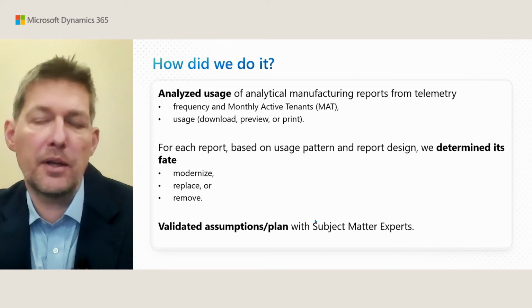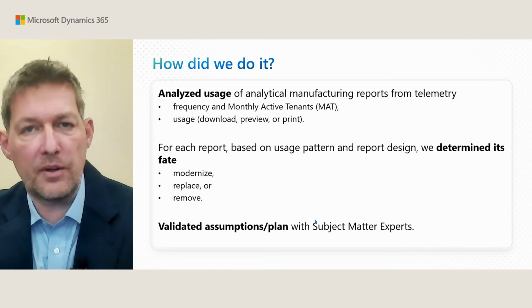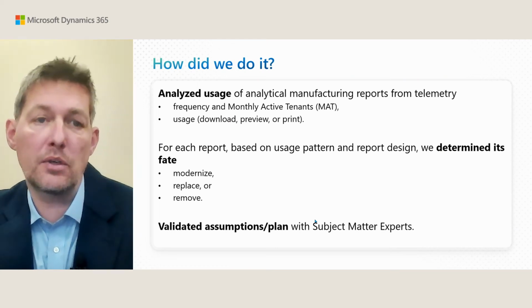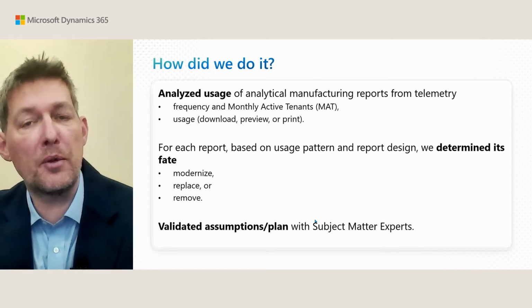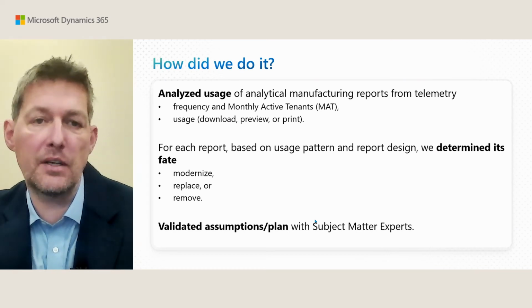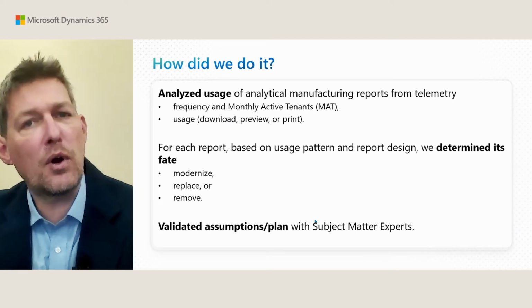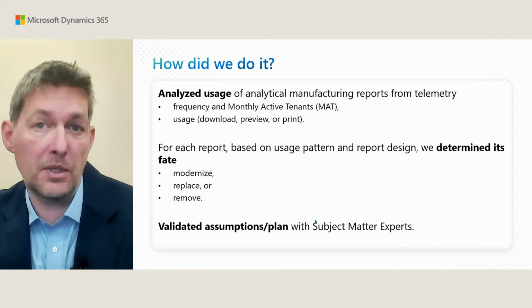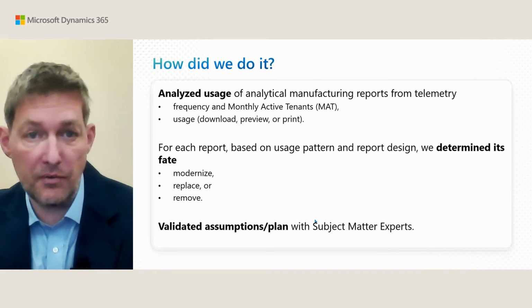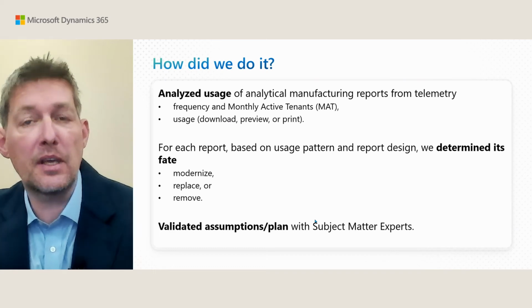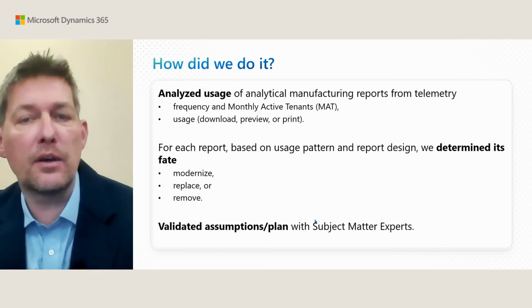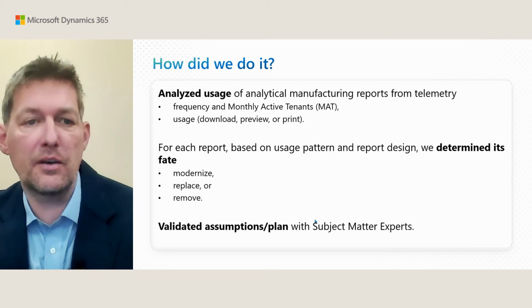So how did we do it practically? We simply looked at the usage of all manufacturing analytical reports, both how often were they used, how many customers, the monthly active tenants, and also how are these reports being used? Are they downloaded, previewed, or printed? That gave us an indication of how we could go about modernizing those.